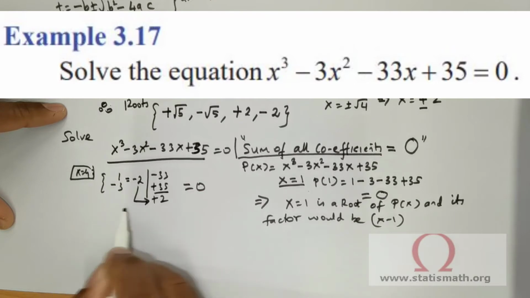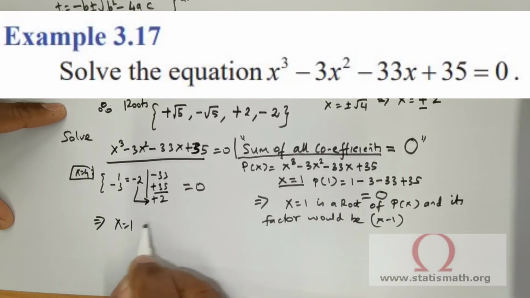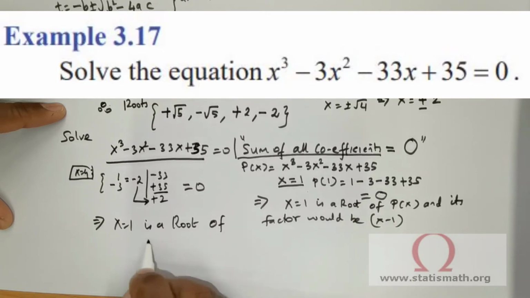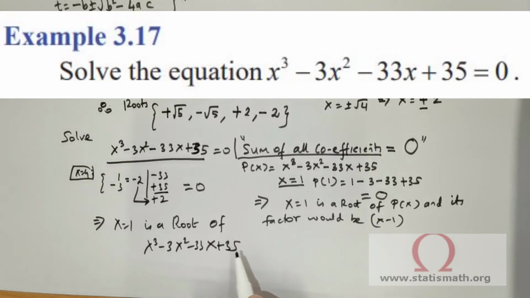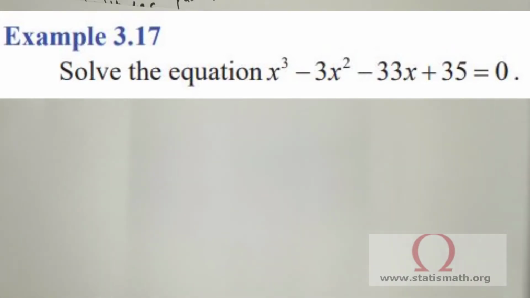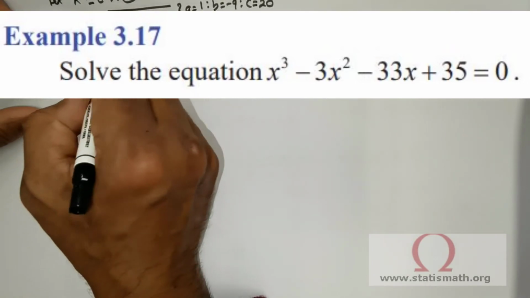So we know from this theorem that x is equal to 1 is a root of x to the power 3 minus 3x squared minus 33x plus 35. So having known this, we will now use it to obtain the exact factorization.